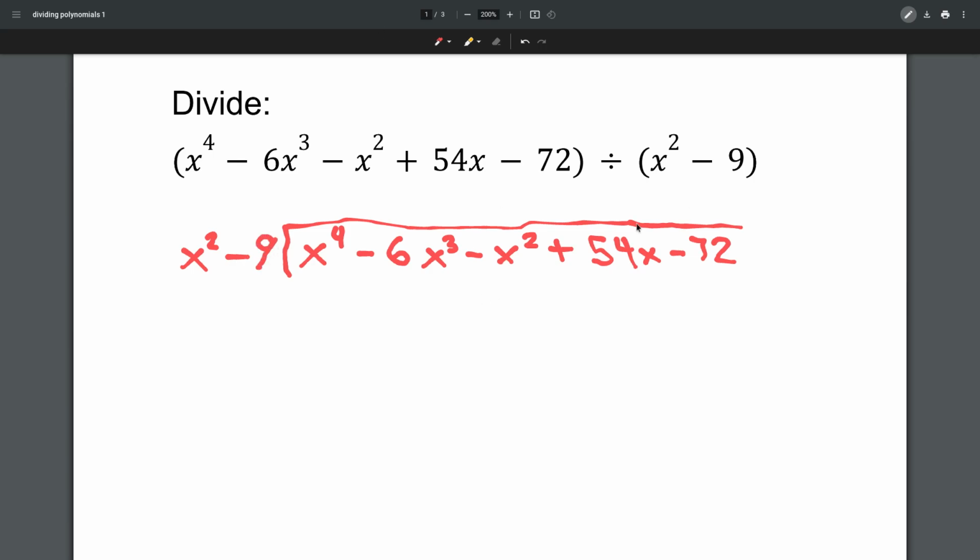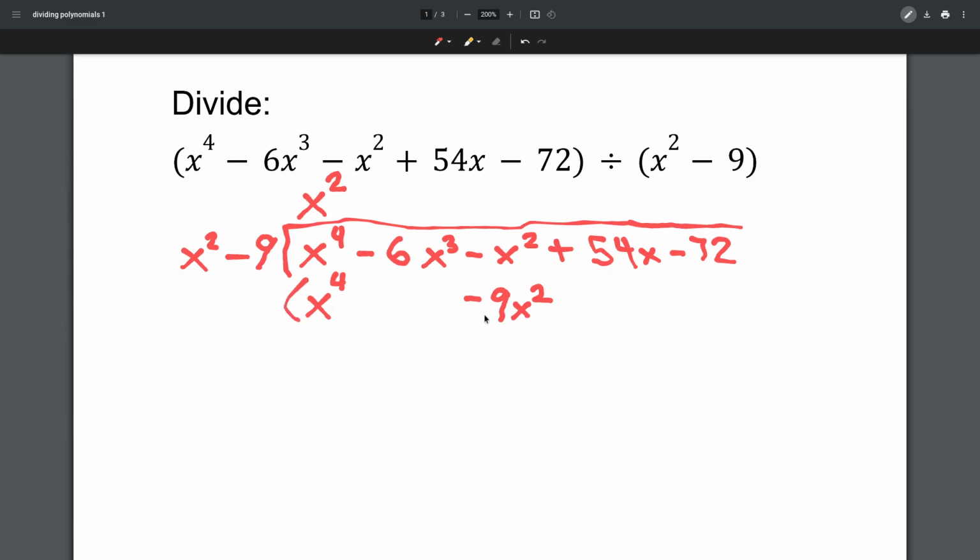Okay, so first off, we're going to start and look at what times x squared would give me x to the fourth. Well, x squared times x squared gives me x to the fourth. So I'm going to write an x squared up here. But I also have to do x squared times negative 9. And that gives me a negative 9x squared. I'm going to write that over here, under the other x to the fourth.